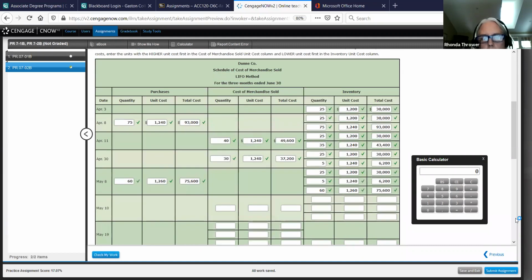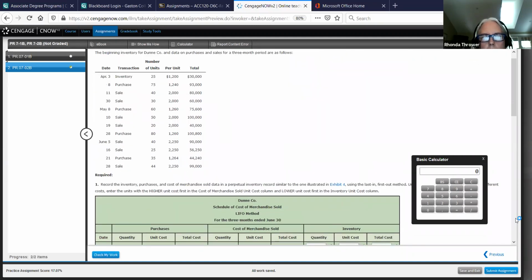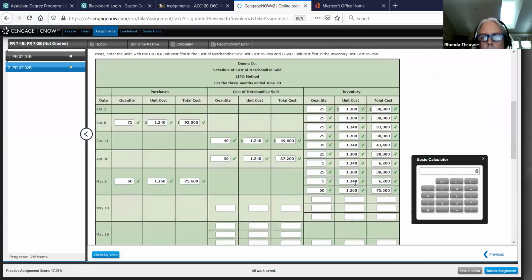All right. So the next transaction happens on May the 10th. On May the 10th, we have a sale of 50 units. So on May the 10th, we're going to take all 50 units from our last purchase, which was on May the 8th.